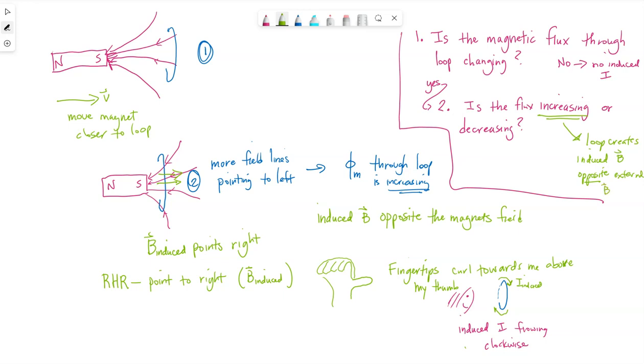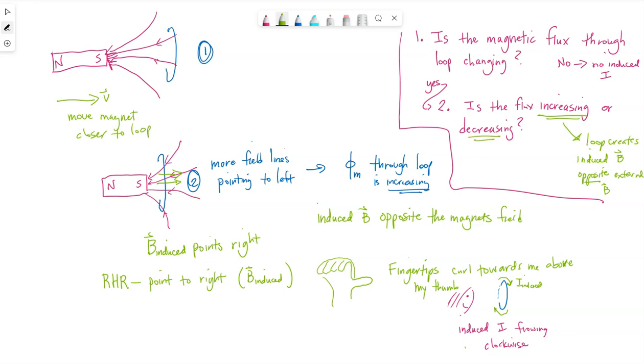And what I mean by that, in the examples we just looked at, the external field was created by a bar magnet. That external field could be created by something else. It's just the field that exists in that region because of something else. Some other wire carrying current, some bar magnet. That's what we mean by the external magnetic field. So the loop creates an induced field opposite in direction to the external field if the flux is increasing.